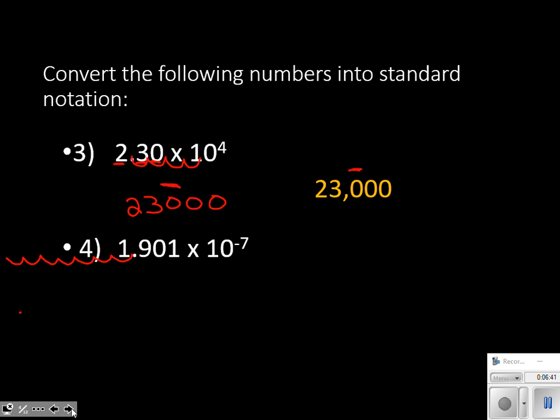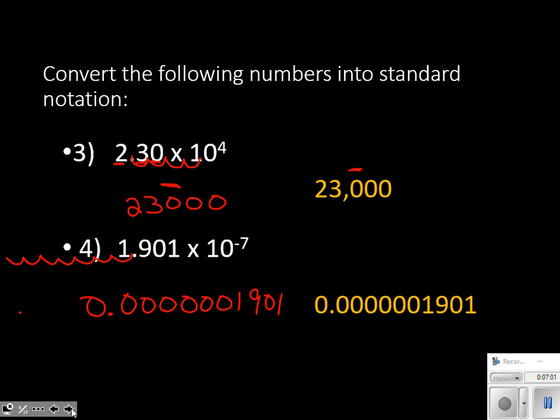So my number is going to be a 0 with 6 zeros and then a 1, 901. That is the actual number that I just wrote there.